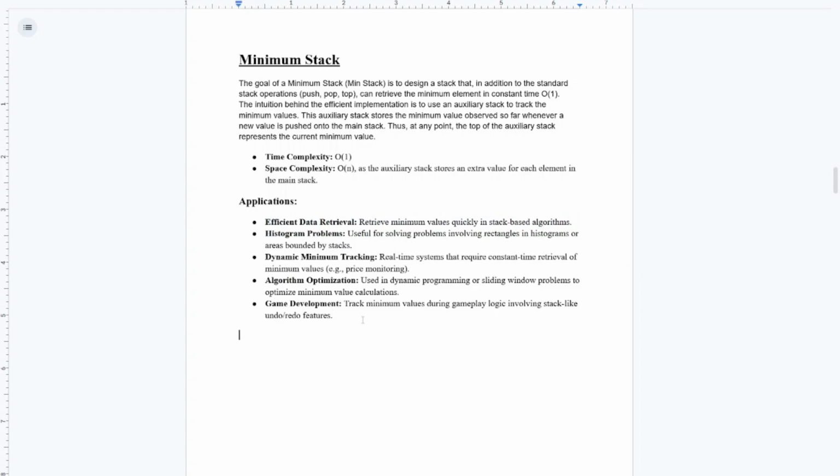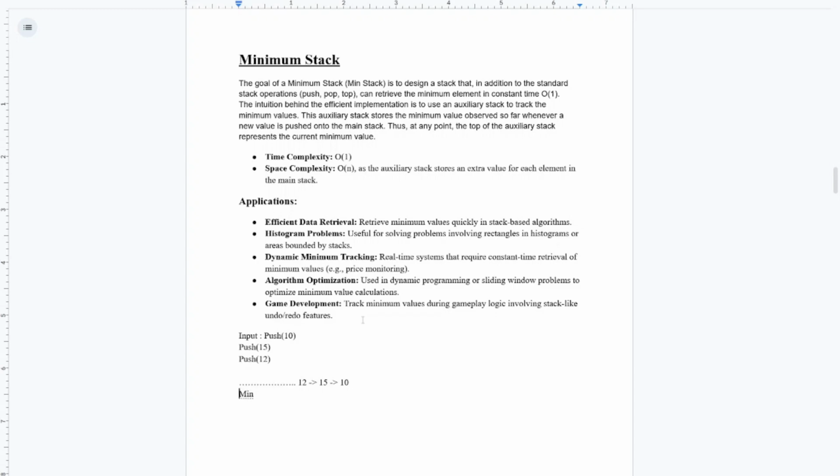Okay, now suppose input is of this form. It says push 10, then push 15, then push 12. Okay, so after these operations, the stack will have elements in the form 12, below it 15, and below it 10. Now I want the minimum element.